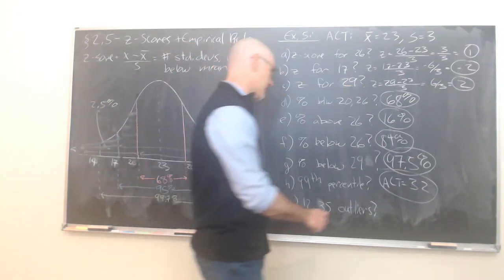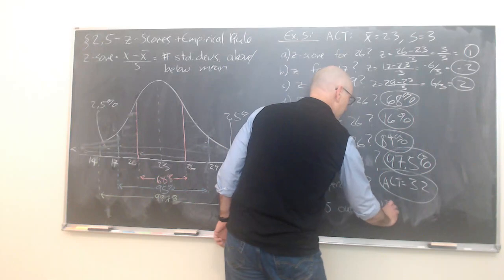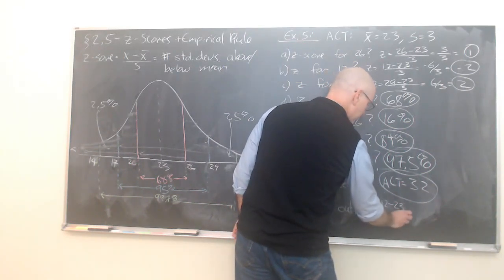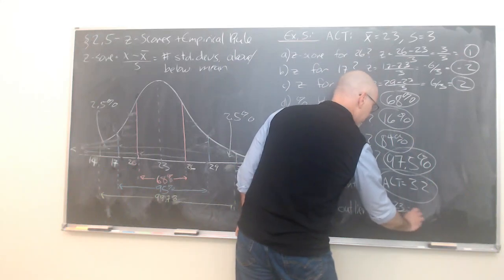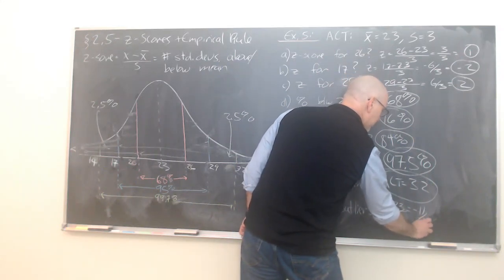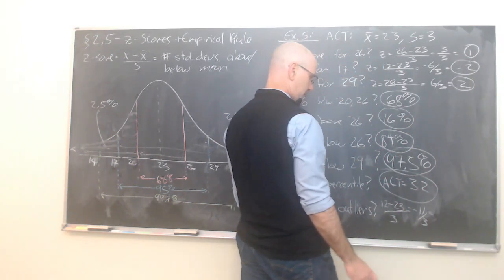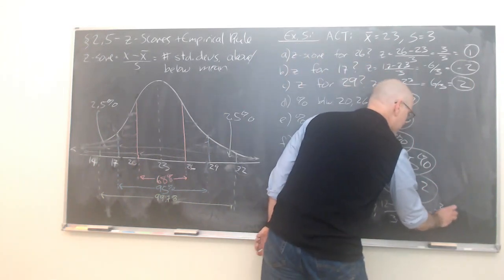We could confirm that with a z-score. 12 minus 23 divided by 3 is minus 11 thirds, so that's about minus 3.67.